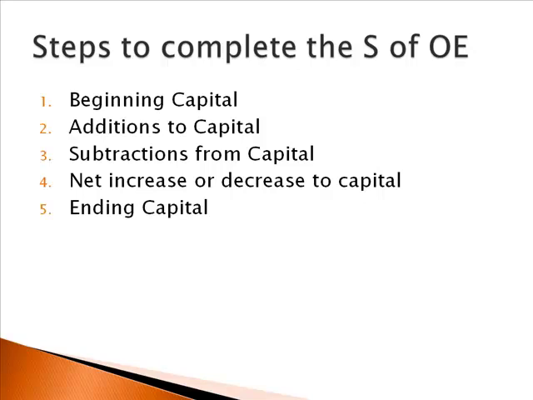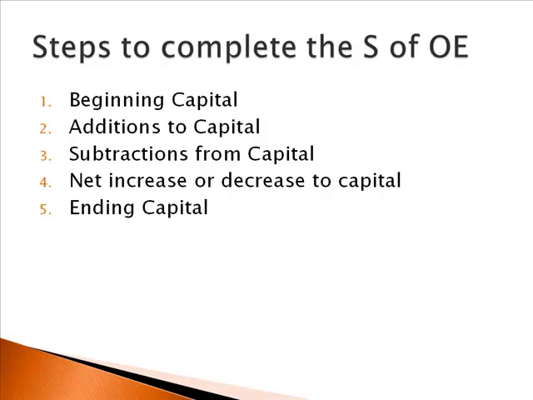We have a balance in that account, and that balance negatively affects owner's equity and therefore ultimately the owner's capital account. The other way that we can subtract from capital is if the income statement had been concluded as a net loss. In other words, the business lost money over the financial period, then we would subtract that amount in this area in step 3.